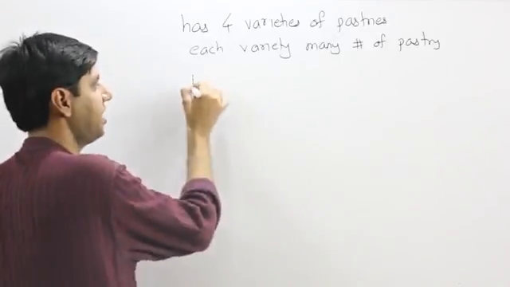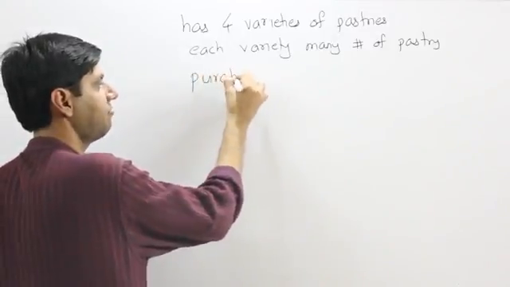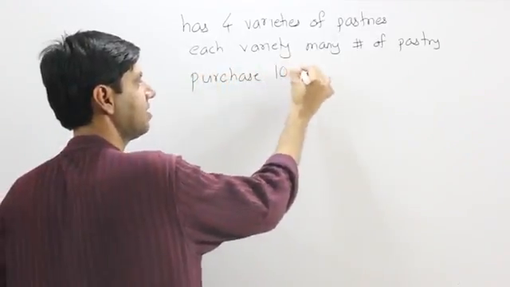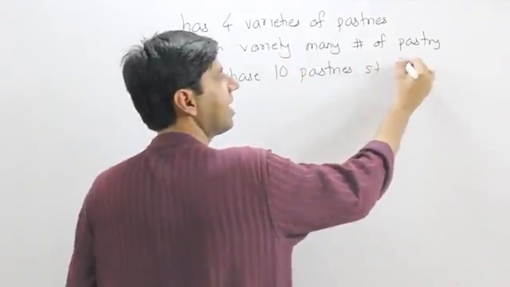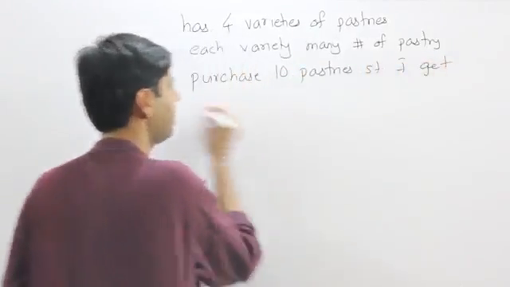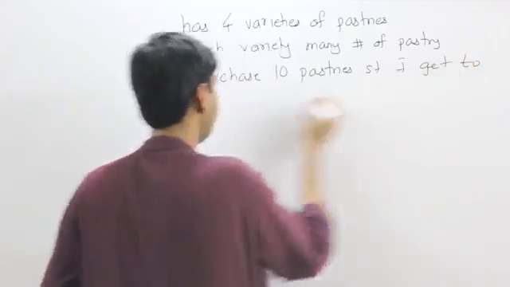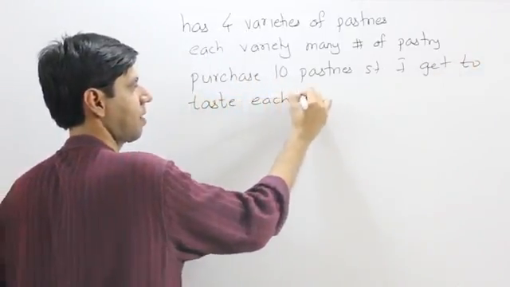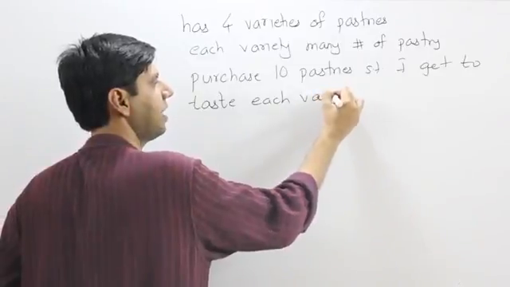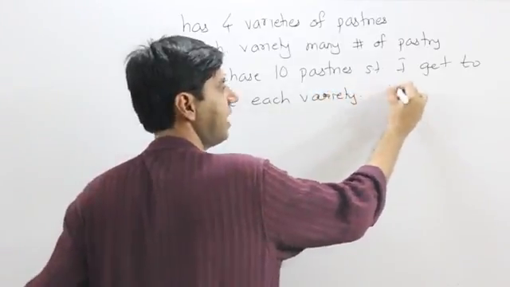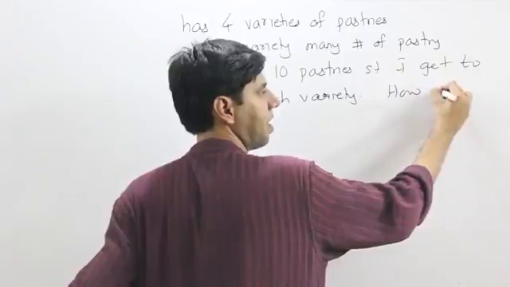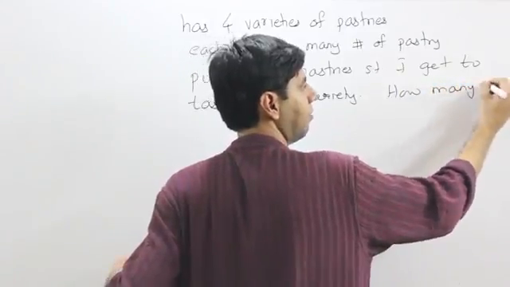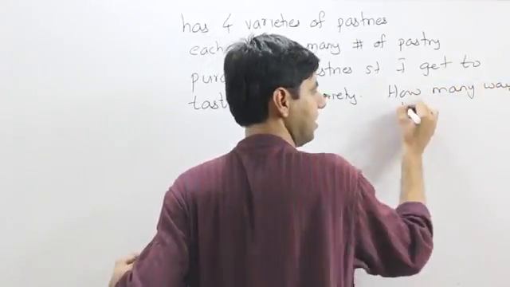I want to purchase 10 pastries such that I get to taste each variety. And the question being asked is, in how many ways can I make the purchase?